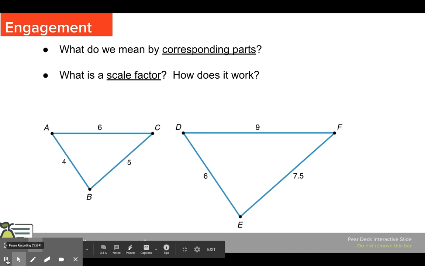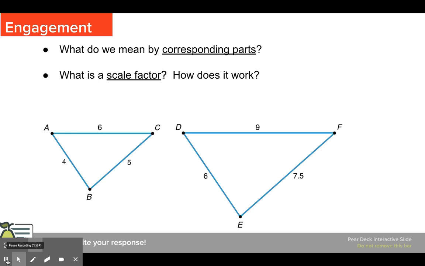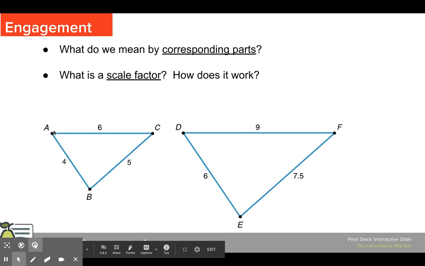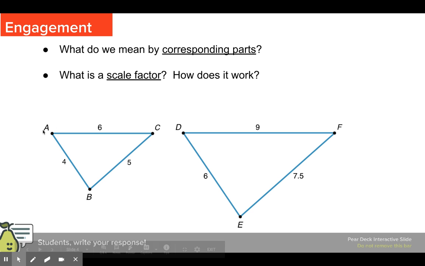Now that we've had a chance to copy that down in our notebooks, let's go ahead and discuss what these 2 things mean. Yesterday we talked about corresponding parts just meaning the different locations on our images. So, for instance, if I look at triangle ABC, and let's look at the side that's labeled AC, and it has a length of 6.